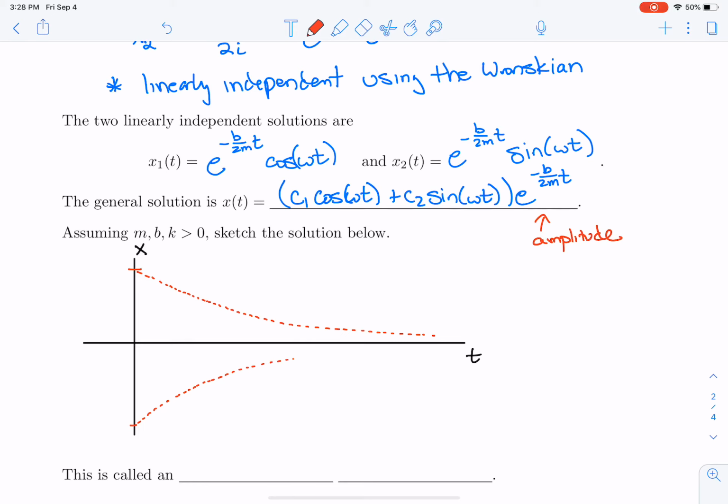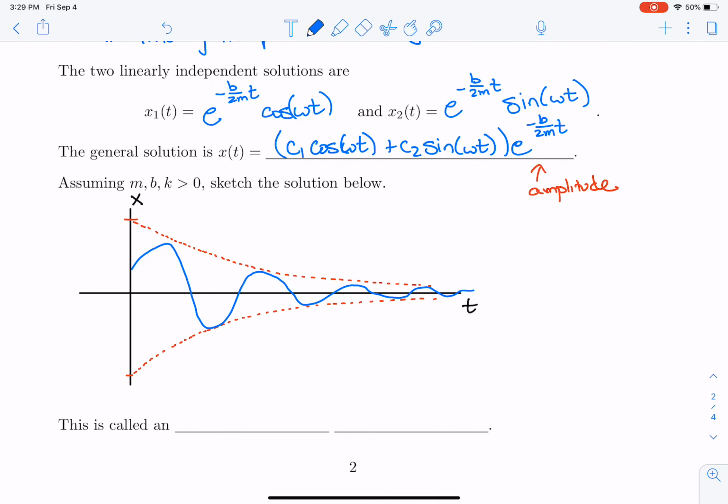So this is negative the amplitude, negative e to the minus b over 2m t. And then what I have is an oscillation whose amplitude is decaying. So it'll look something like this. So I have an oscillation that decays to 0. This is actually called an underdamped oscillator. Now you can see why there's an oscillation.